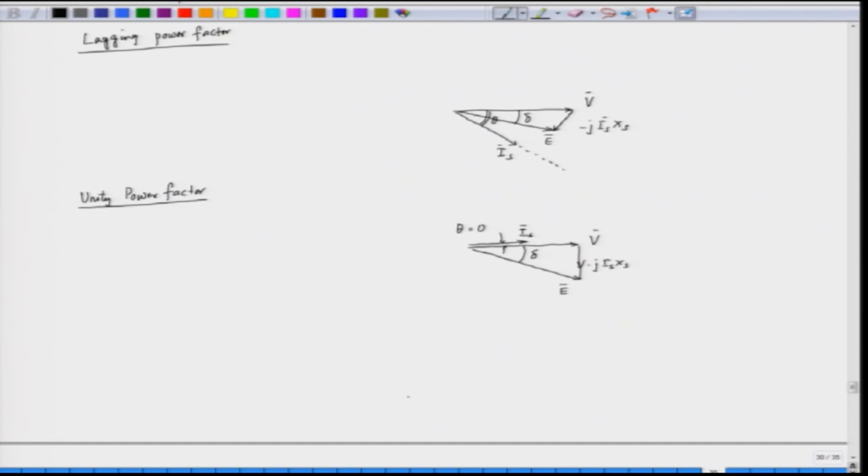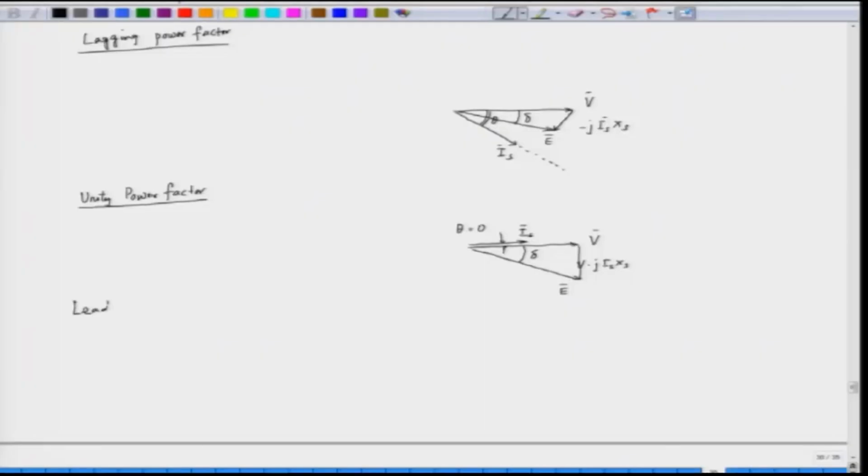Similarly, we can make the motor operate in a leading power factor. So, for a leading power factor operation, what we have to do is excite the field a little more, that is called over excitation. So, this is the voltage V, the power factor here is leading.